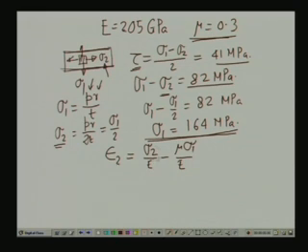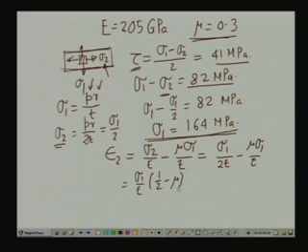Now, sigma 2 as we have seen is equal to sigma 1 by 2, since we are writing everything in terms of sigma 1. So, this is sigma 1 by 2E minus mu sigma 1 by E. This is equal to sigma 1 by E into (half minus mu). Now, mu is given as 0.3, so this is 0.5 minus 0.3, and sigma 1 is given as 164.